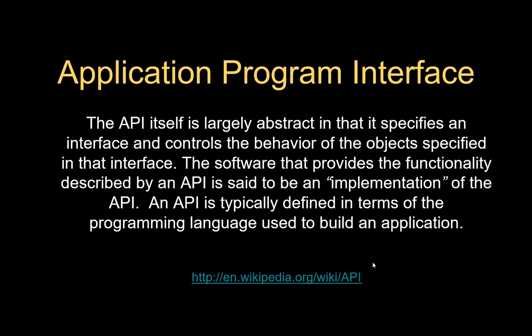An API is typically defined in terms of the programming language used to build an application. So again, the API is abstract in that it specifies an interface and controls the behavior of objects specified in that interface. So basically, it's a gateway for us to talk and communicate to other systems on the web.